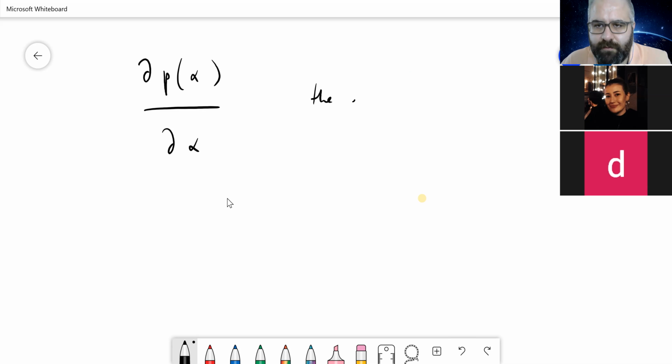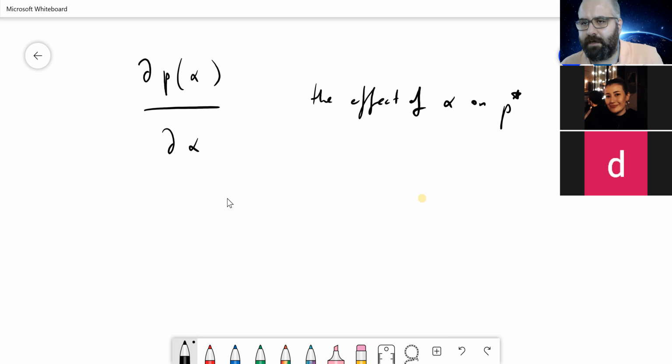The effect of alpha on p star. So this could be any parameter. It could be an endowment, it could be a parameter in the demand function, etc. That could be anything. And we are interested in that.